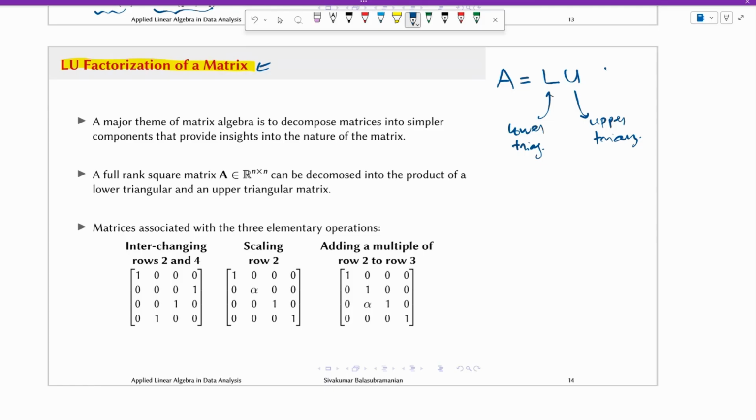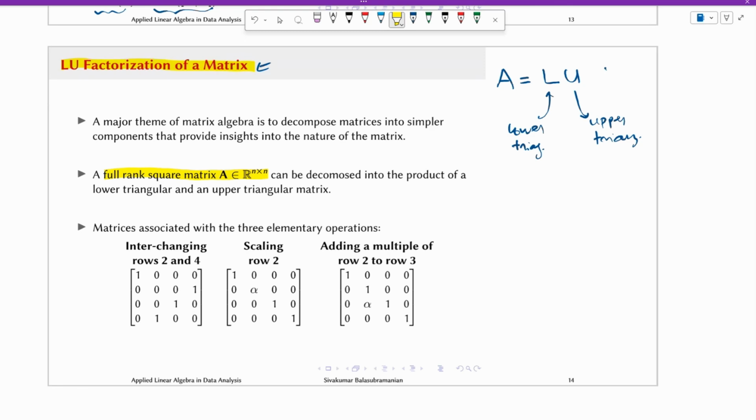We can do this whenever A is a square full rank matrix. We can express it as a product of a lower triangular matrix followed by an upper triangular matrix. There is one more condition for this to apply, but we'll see that a couple of slides later.